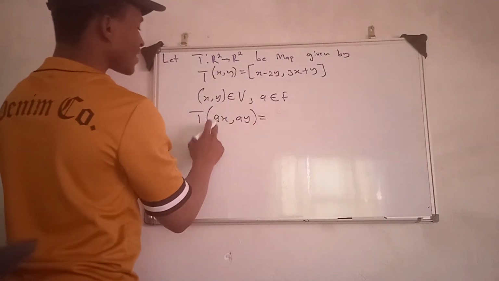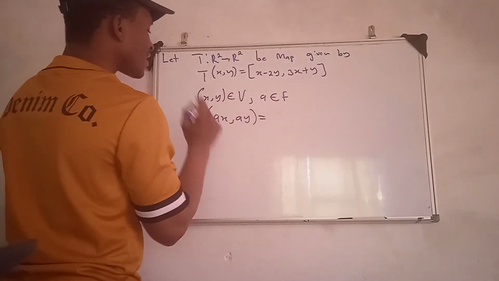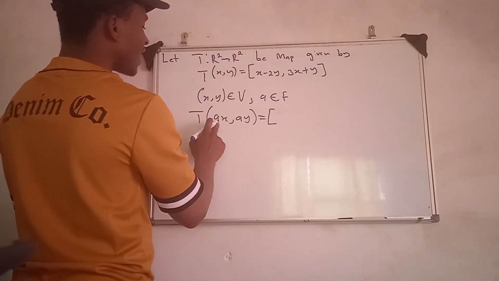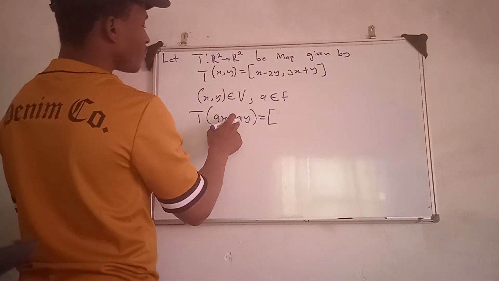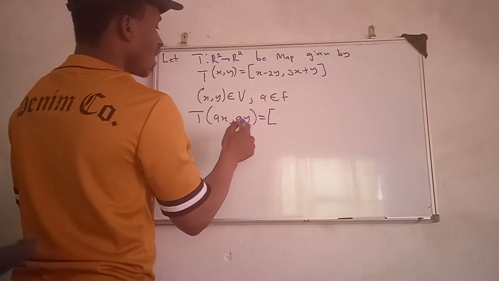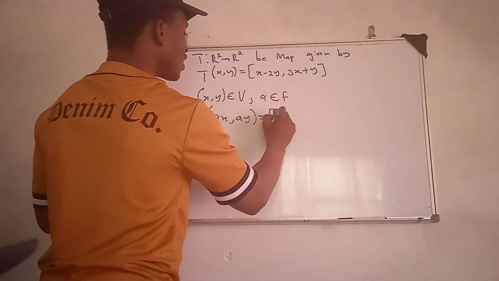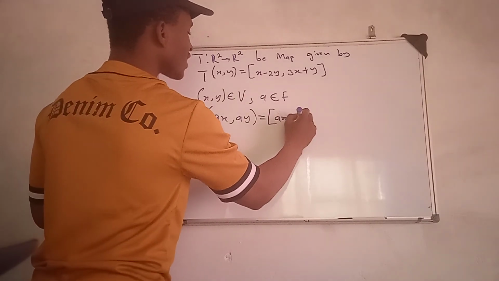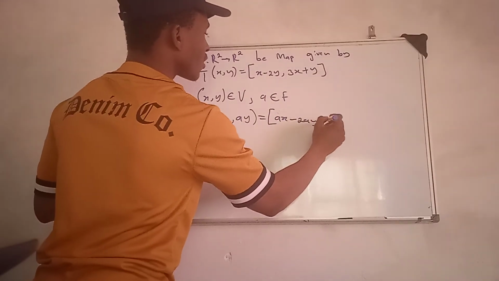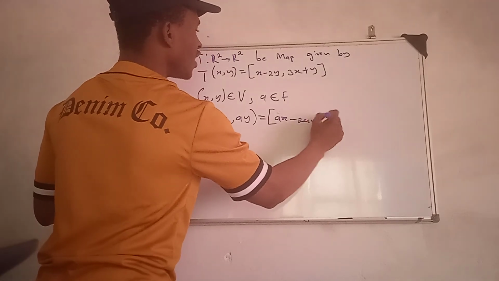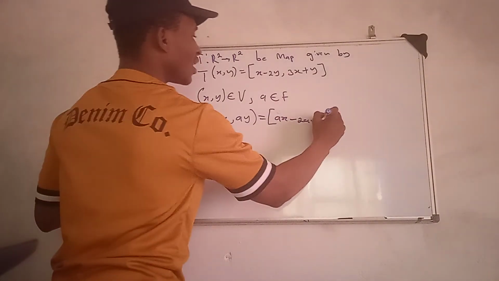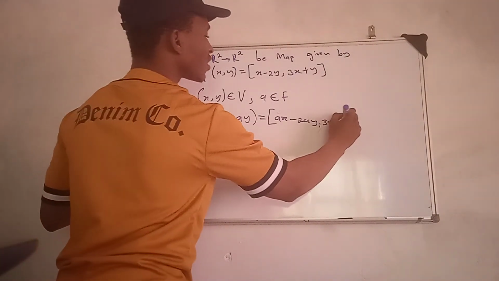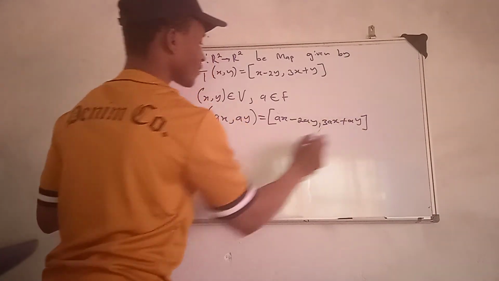Wherever I see x, I'll put ax, and wherever I see y, I put ay. So here I'm going to put ax, and then here I'm going to put minus 2ay, and here I'm going to put 3ax, and then there I'm going to put ay.